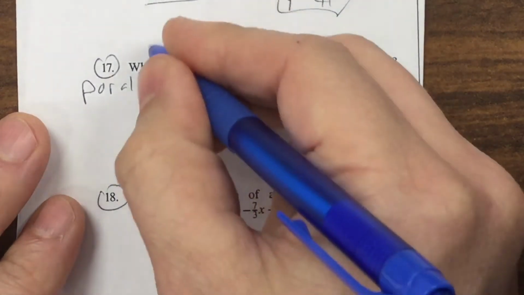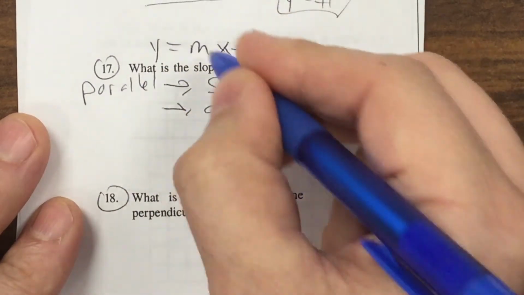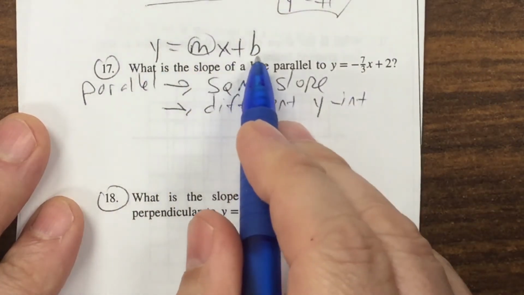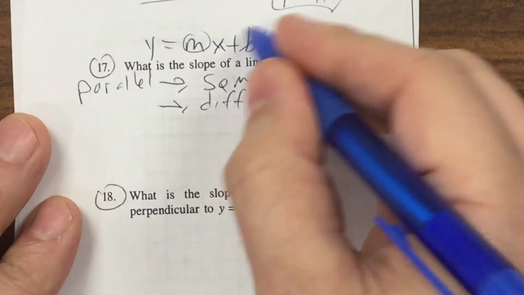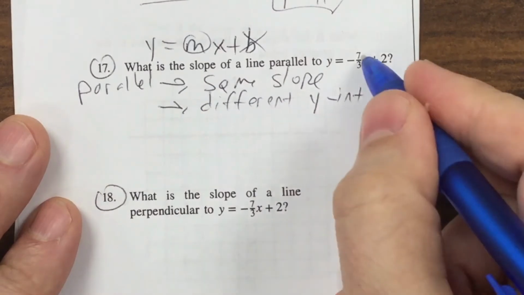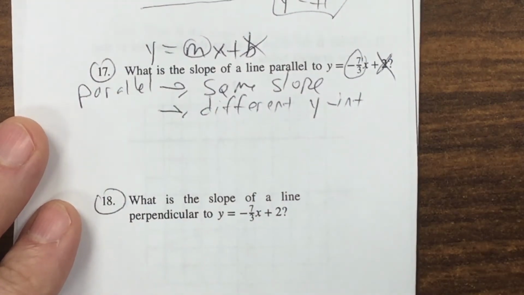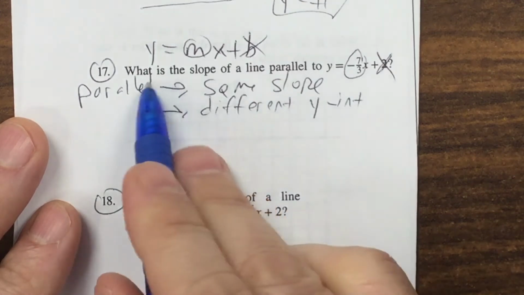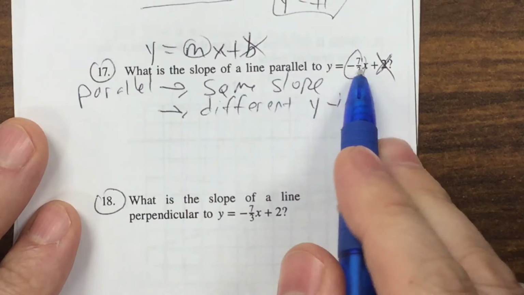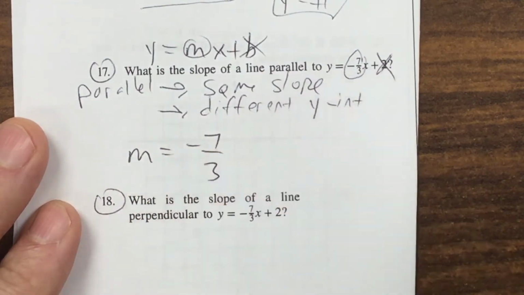So basically, they have the same m number, but they have a different b number. When I look at this line, I want the m number, I don't want the b number. So I just answered it. What's the slope of a line parallel? Well, it has to have the same slope, so my slope is going to be -7/3.